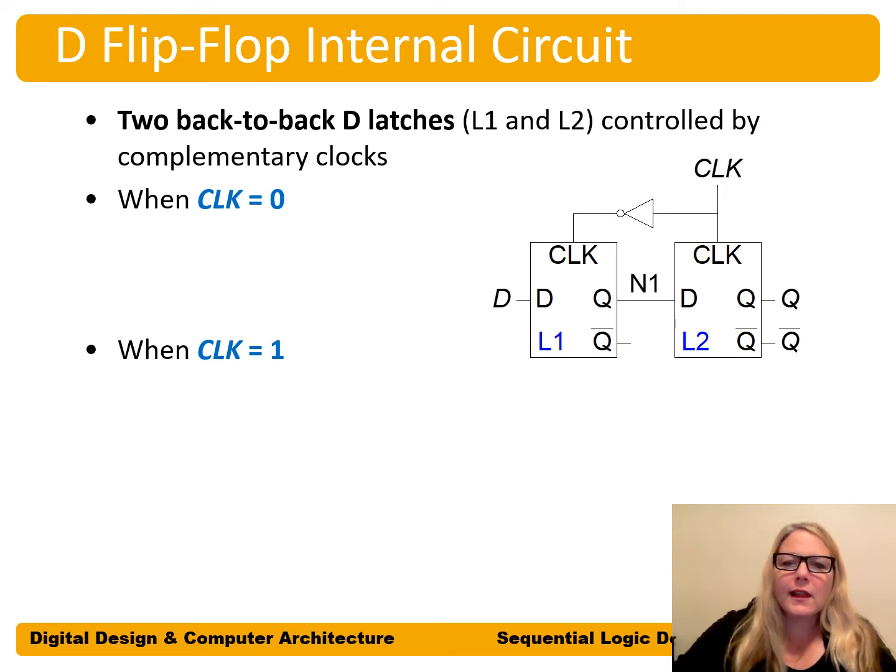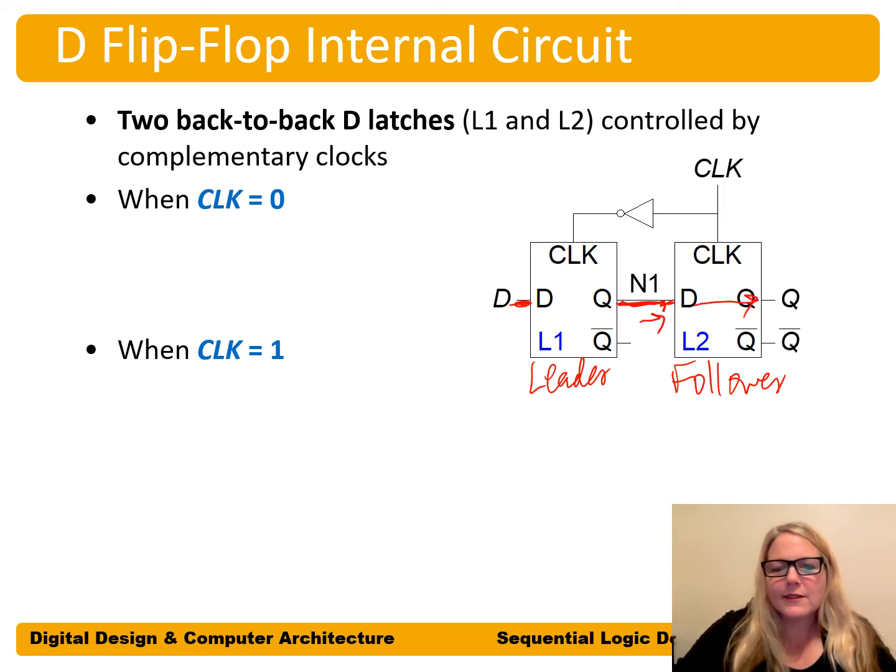And this L1 is called the leader latch, and the right one, L2, is the follower latch, because the leader latch is going to feed D into this internal node N1, and then the follower is just going to follow whatever that latch did.